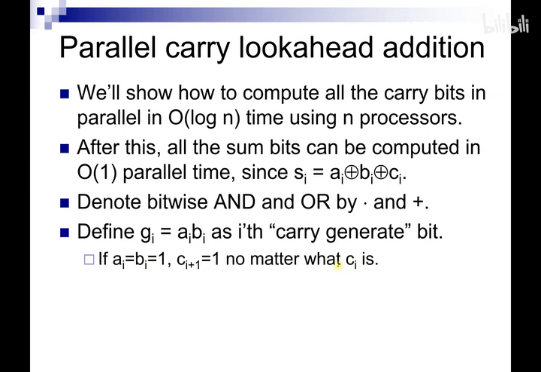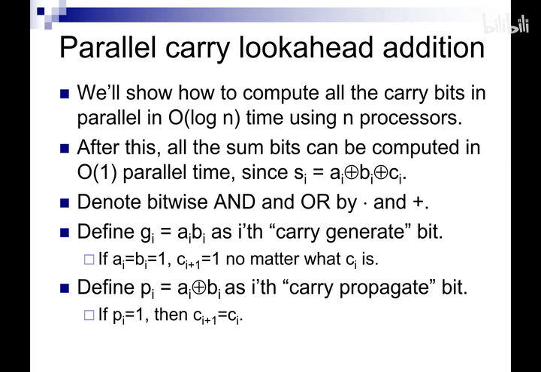And if the current carry bit is 1, then when you combine that with ai and bi, we're also going to generate a carry on the next bit. So if ai and bi are both true, then we generate a carry. If one of them is false, then we don't necessarily generate a carry, though we still could.